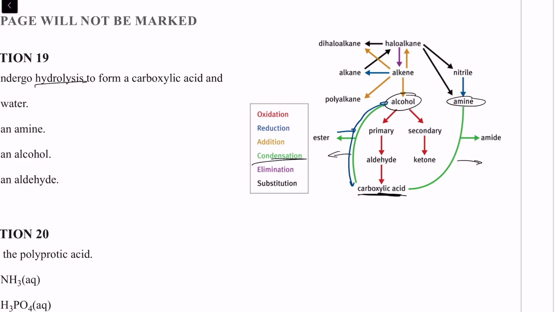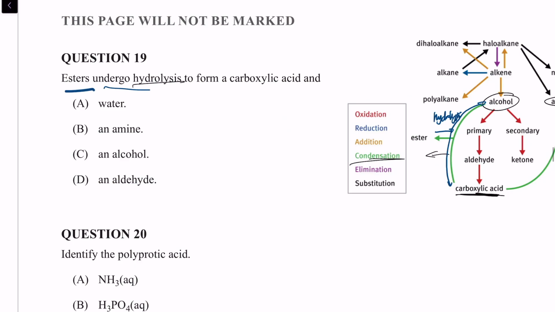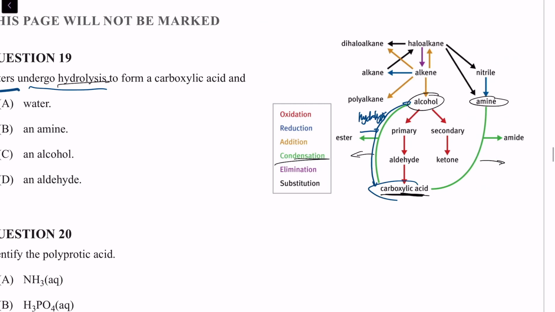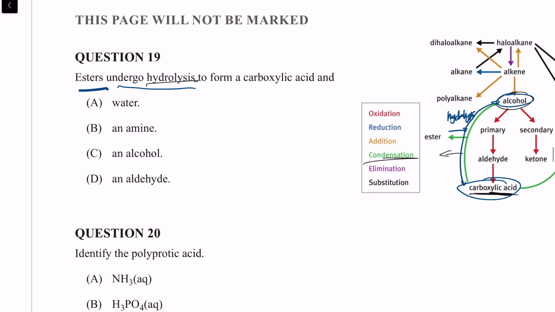So I'm just doing the reverse of a condensation reaction. That's what hydrolysis is referring to. So esters undergo hydrolysis to form what? Carboxylic acid and alcohol. So our option there is C.